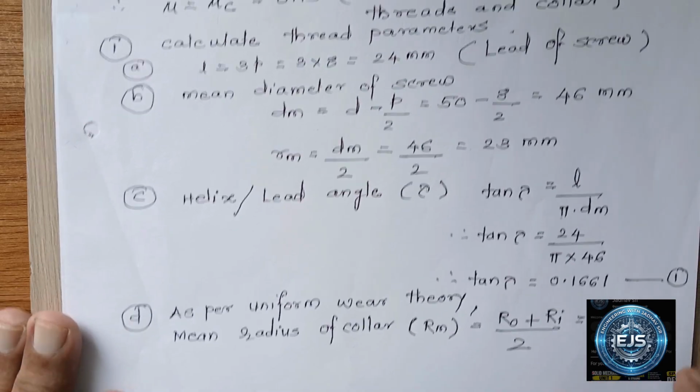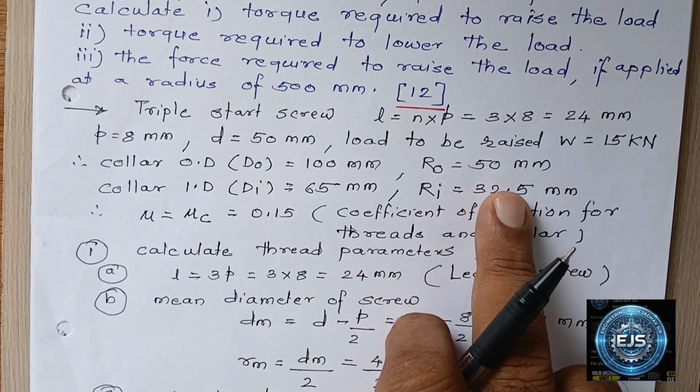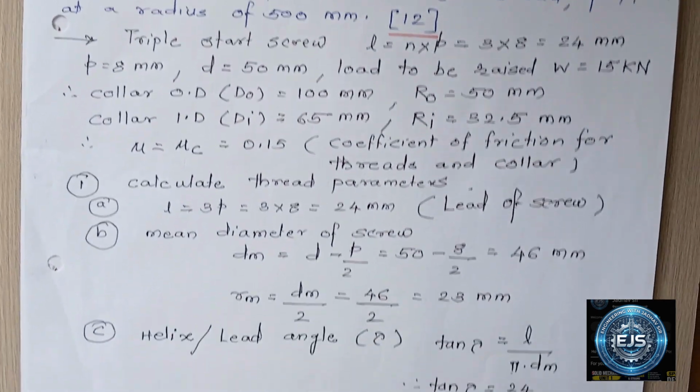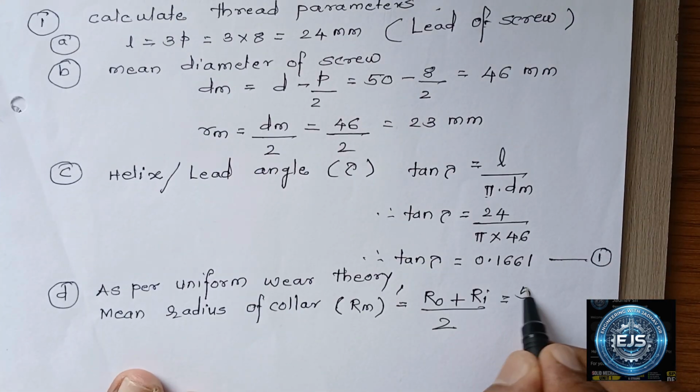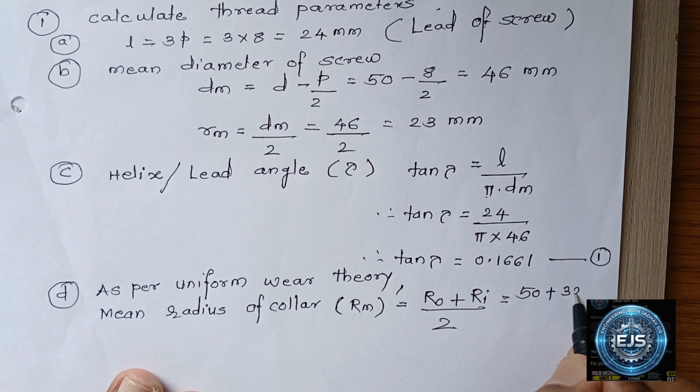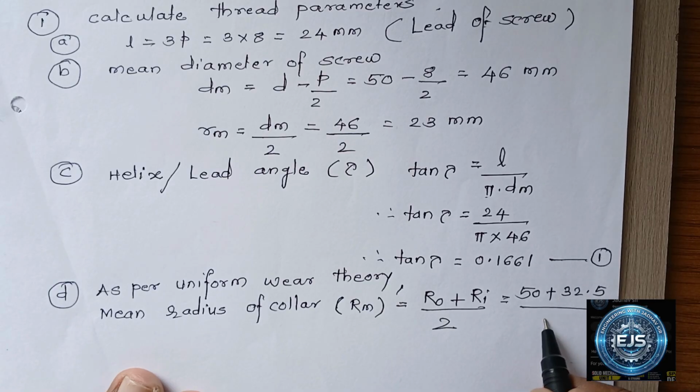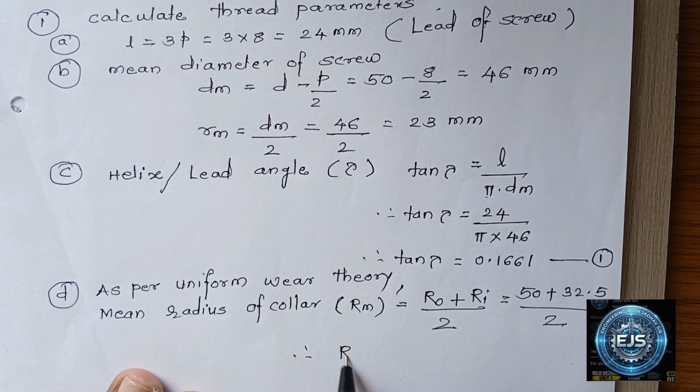RO है, यहाँ पे हमने RO कैलकुलेट किया था, 50 mm is the RO and RI is 32.5. So 50 plus 32.5 divided by 2 is the mean radius of this collar, and that is equal to 41.25 mm.